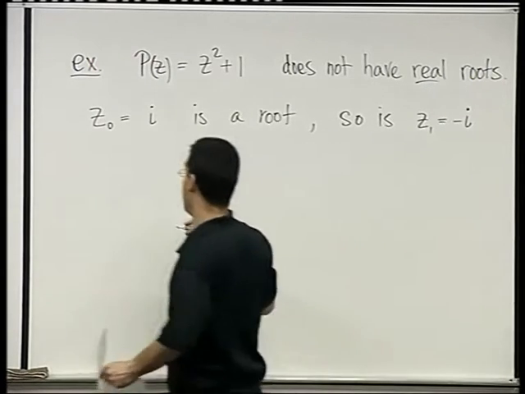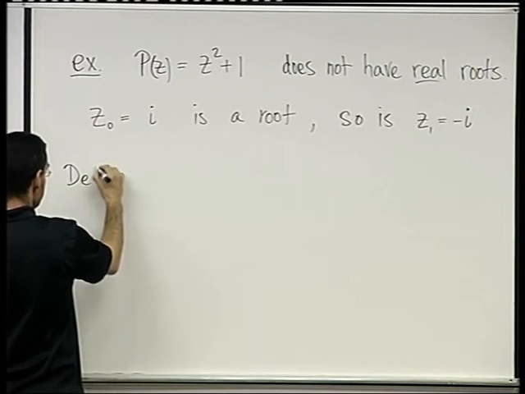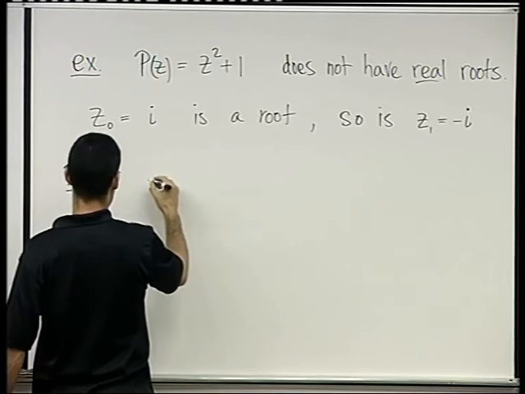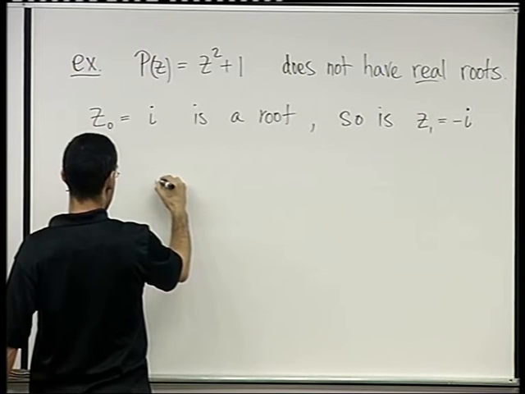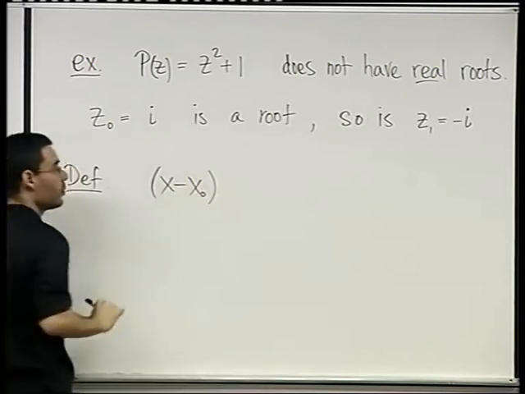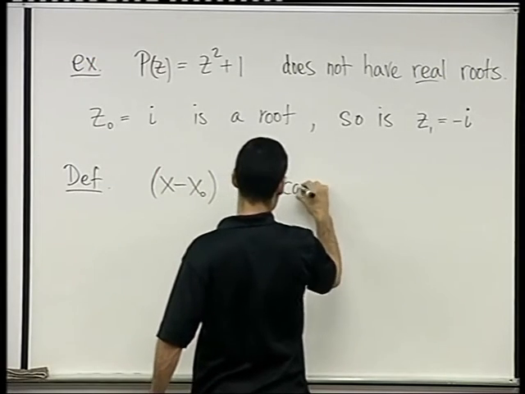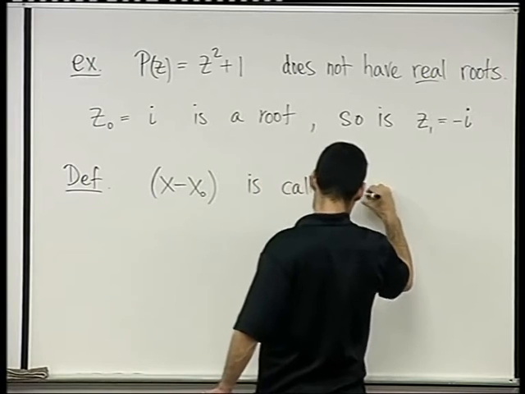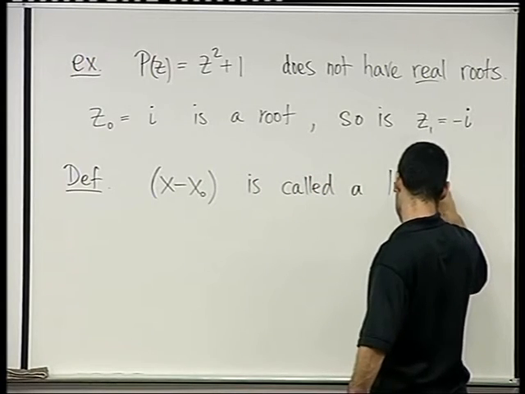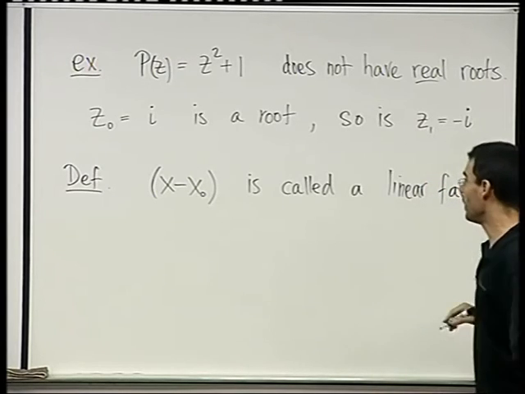Okay, here's another definition. An expression of the form x minus x0 is called a linear factor in the context of polynomials.